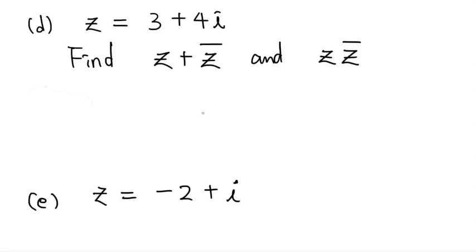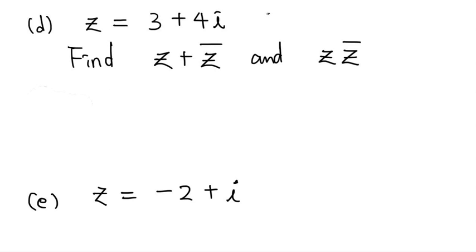Okay, an interesting property of complex conjugates is that when you add or multiply complex conjugate pairs, you're going to get real numbers, no i. So let's take a look at this example. Suppose z equals 3 plus 4i.